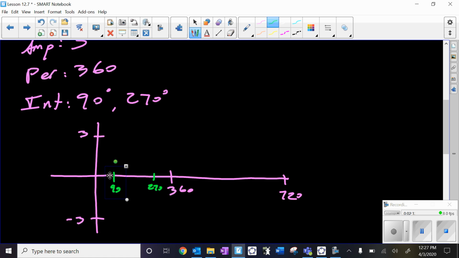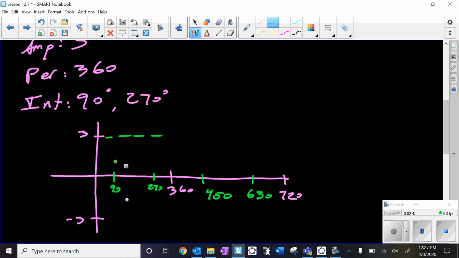Remember, if I'm talking about periodic functions, if I take 90 and add on a period, I should be in the same spot. So 90 plus 360 is going to get me 450. And then 270 plus a period of 360 gets me 630.